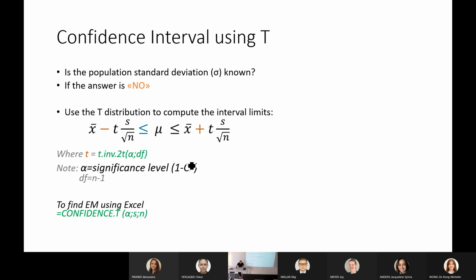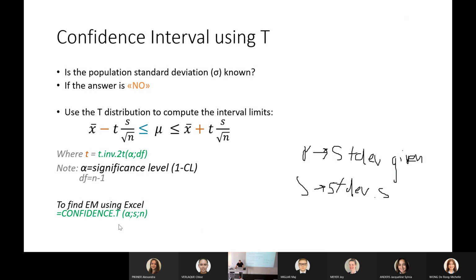The only fancy difference is that sigma is when the standard deviation is given, and the S is when we have to use the formula for the standard deviation of a sample to calculate it.